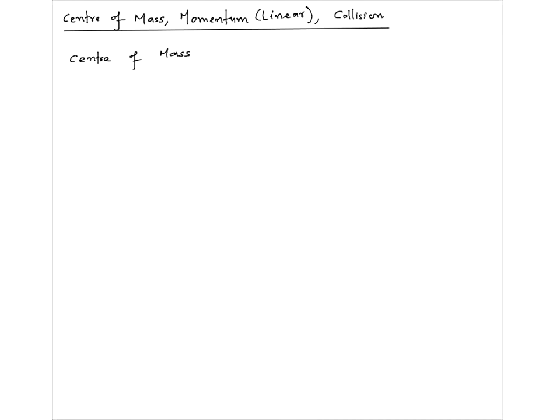If you keep the object too much on one side, it will fall. Too much on the other side, it will fall. But there will be some point at which you should be able to balance it. And that should be the center of mass of that body.